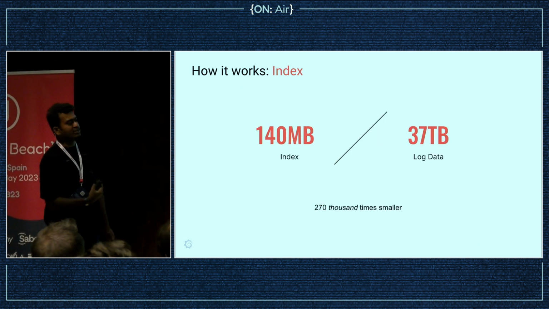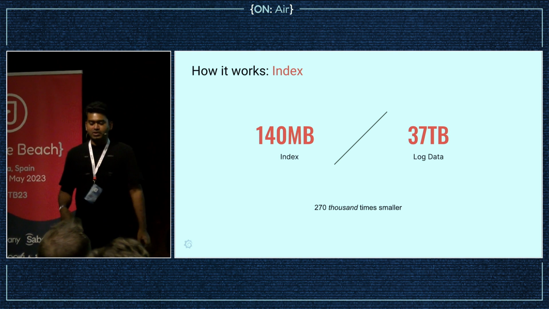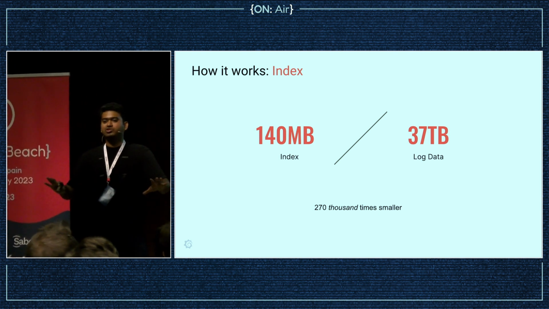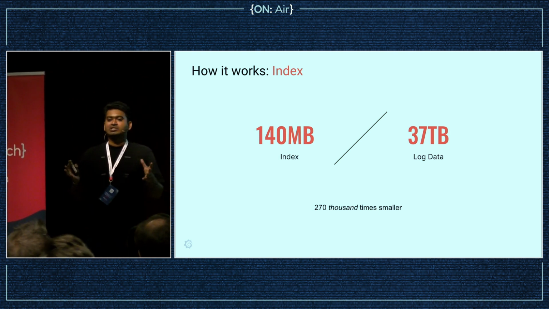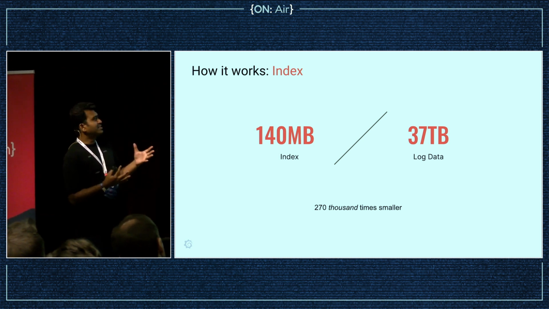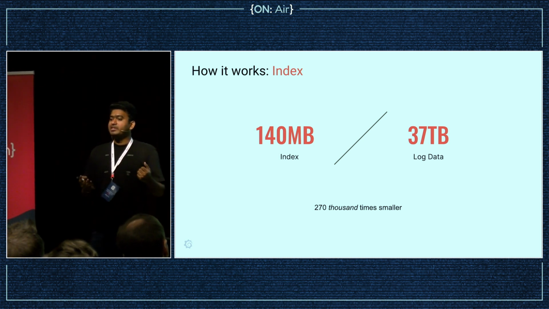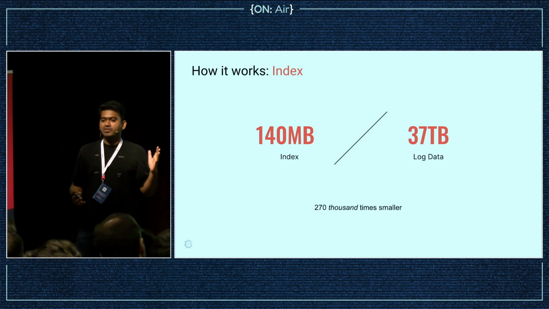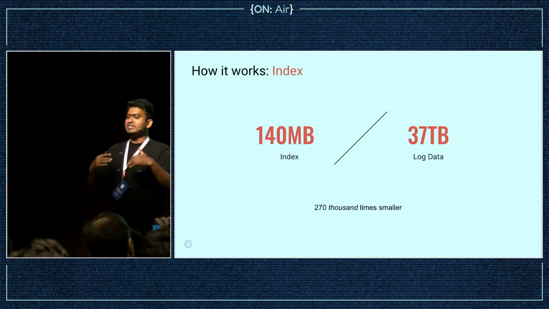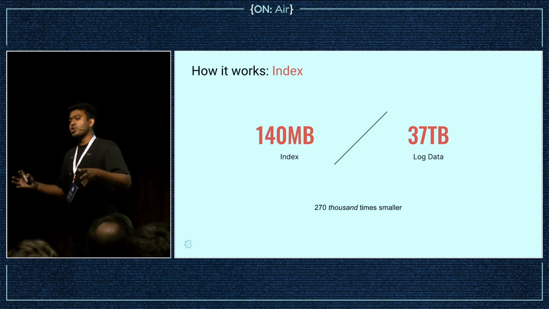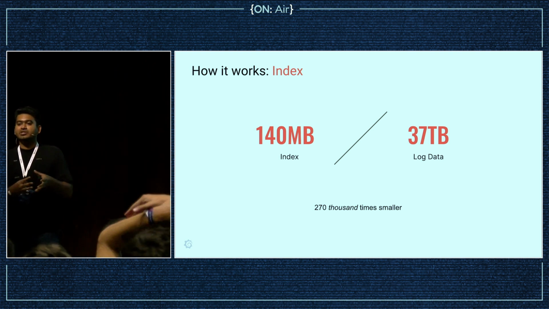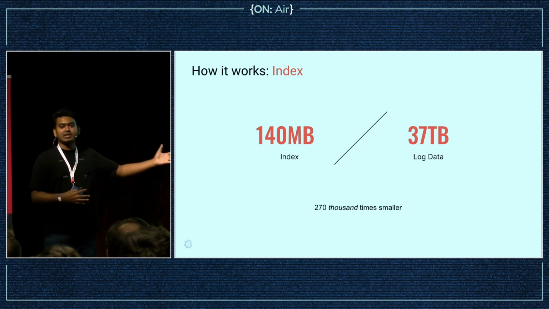Like I told you, this is one of the data points I also took this morning. So get your mental model straight. For around 37 terabytes of actual data, the index size is 140 MB, which you can easily load into memory. You can load it in a Raspberry Pi if you want. So you can always keep this in memory, and your entire query path is no longer bottlenecked by the index lookup, because you can keep the index in memory all the time.